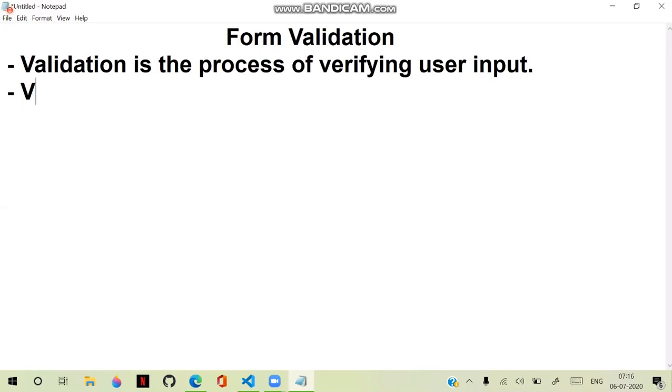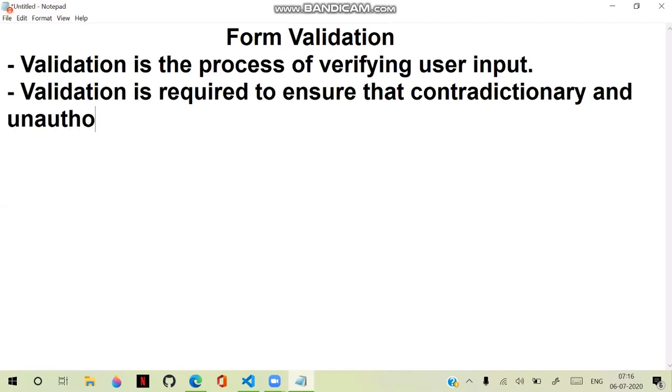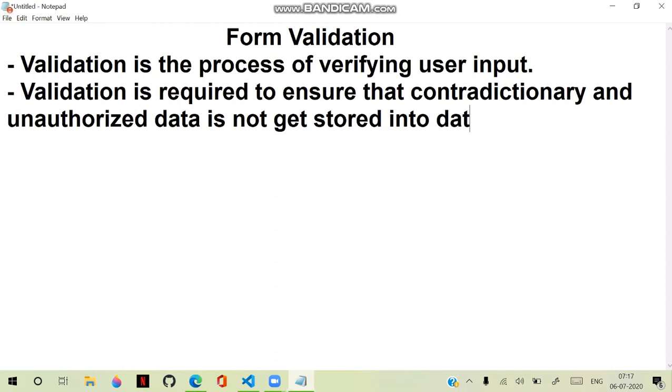That means validation is required to ensure that contradictory and unauthorized data is not stored into the database. That is one of the important points about validation.